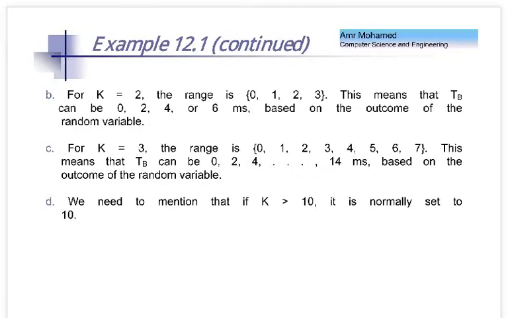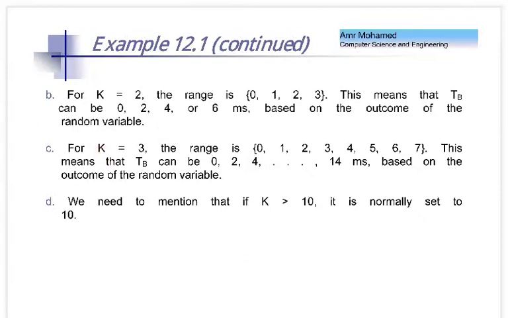If k is equal to 2, then the range will become 0, 1, 2, and 3. Each node will generate a random number within this range. If the random number is 0, the node will not wait for any time and will start transmitting right away. If the random number is 1, the node will wait for 1 propagation time. If the number generated is 2, the node will wait for double the propagation time, and so on.